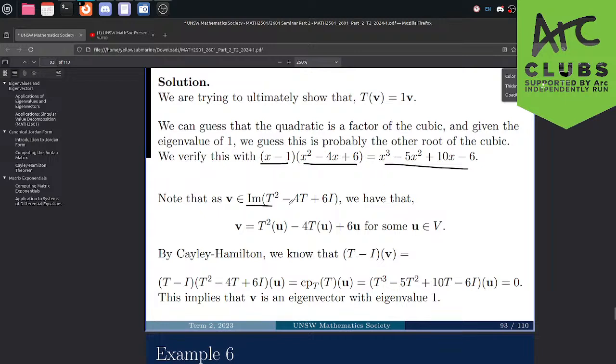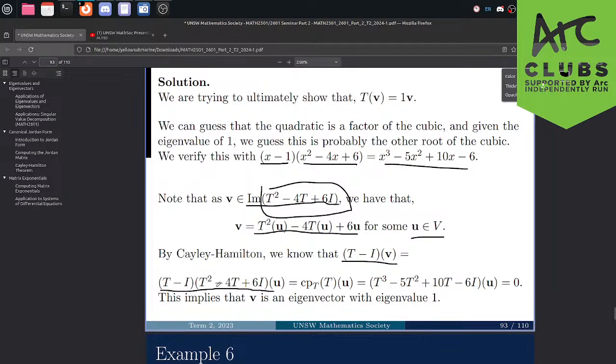So now what happens? Because v is in the image of this quadratic, you can write v in this form: T squared u minus 4Tu plus 6u. This is applying this linear map to u, for some u. That's what it means to be in the image. Now we can see what happens when we do (T minus I) applied to v. We do T minus I times this expression here.